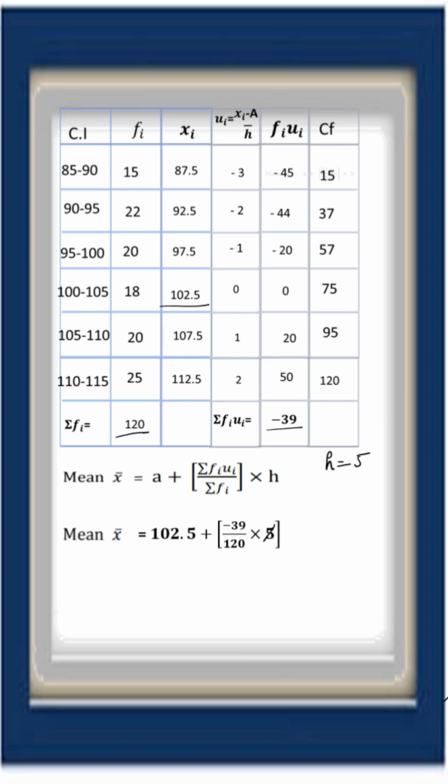Negative 39 by 24, what is it? So it is equal to 102.5 minus 1.625, which is equal to 100.875. So the mean is equal to 100.875.